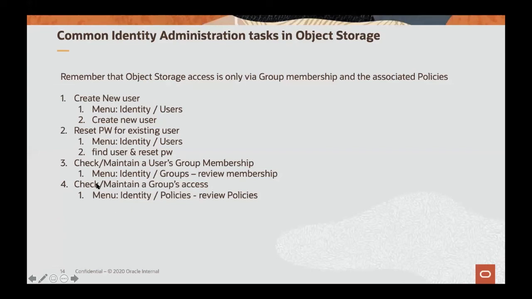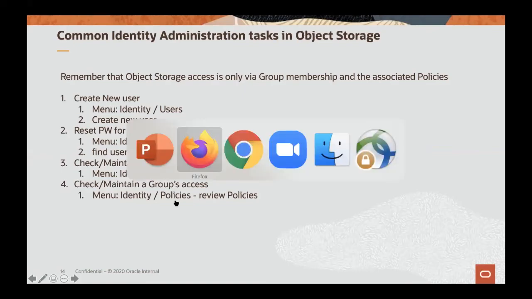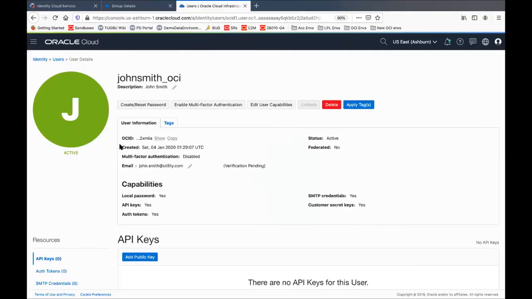And then let's look once more. So the next question might be, well, what is the group's access? Okay, so unlike in the enterprise SaaS world where it's defined by linkage to application roles, in the object storage world, it's defined via what they call policies. So if we look at policies, we'll figure out how the group membership actually gives rights to users in that group.